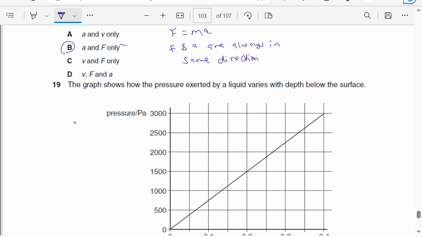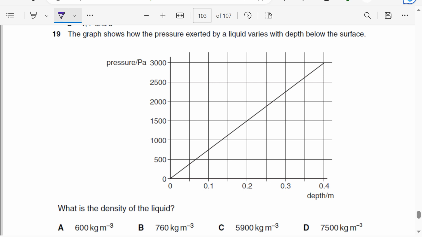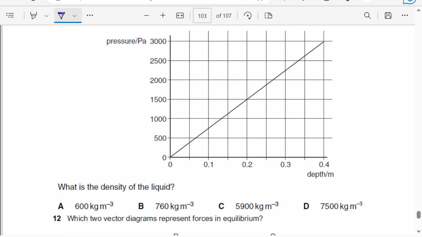The graph shows how the pressure exerted by a liquid varies with depth below the surface. So we have pressure against depth. What is the density of the liquid? Of course, we know that pressure is h times density times g.